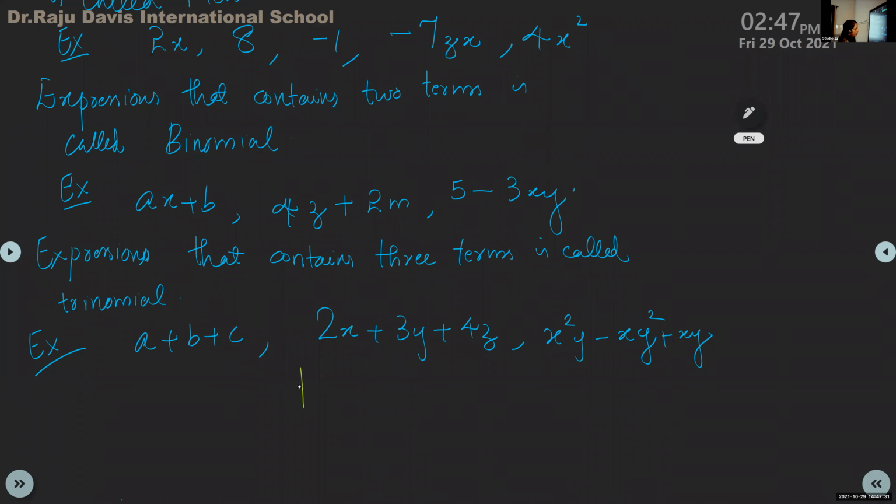After this, write the heading polynomials. There's a special definition for polynomials.